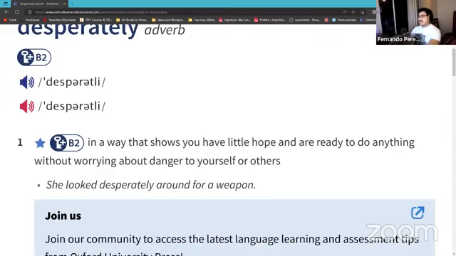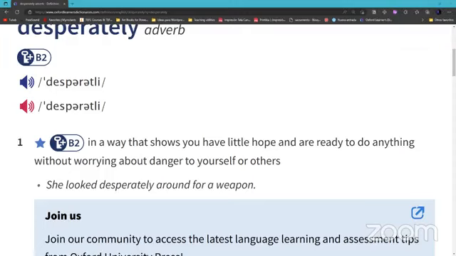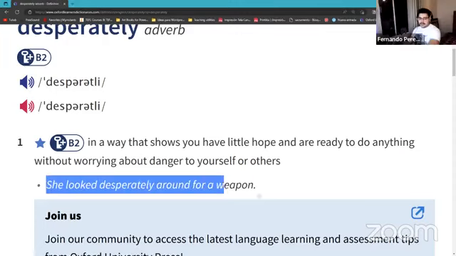So what are we describing in this case? Anyone? Which one? In this example, she looked desperately around for a weapon.